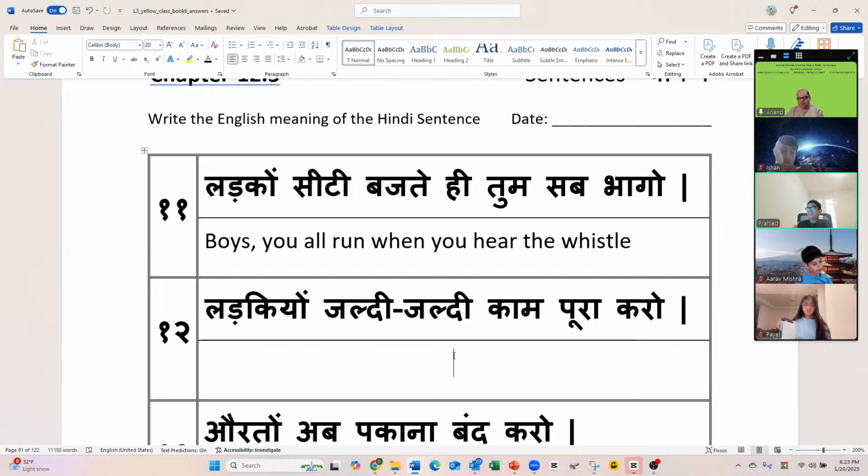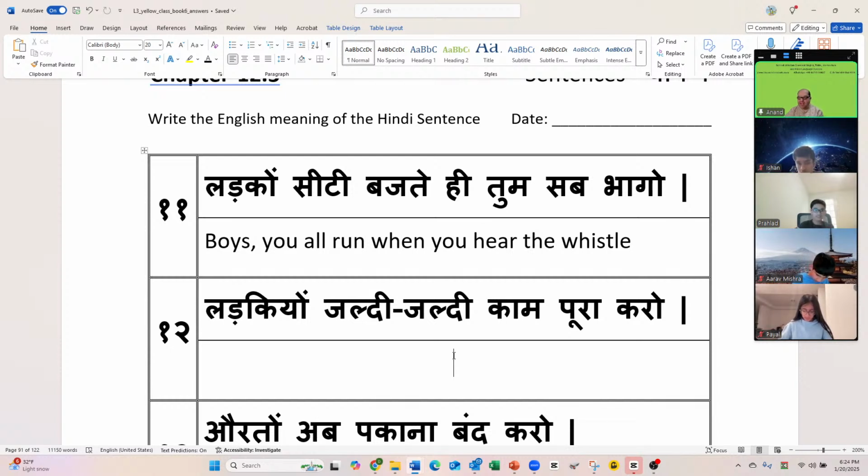If aunties are participating in the race, how would you tell them to run when they hear the whistle? आप सब भागो. Yeah, you could say bhago, but the better format is bhagiye. Bhago is not wrong. You can say bhago also.